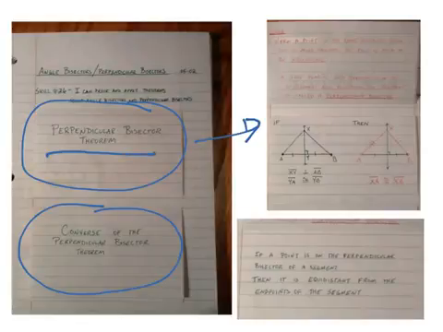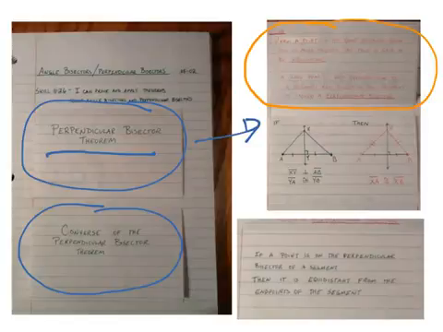Up here we have some vocab words for you. When a point is the same distance from two or more objects, the point is said to be equidistant. A line that is both perpendicular to a segment and bisecting the segment is called a perpendicular bisector.